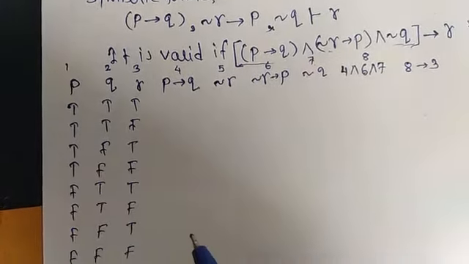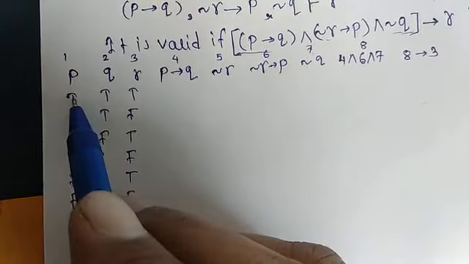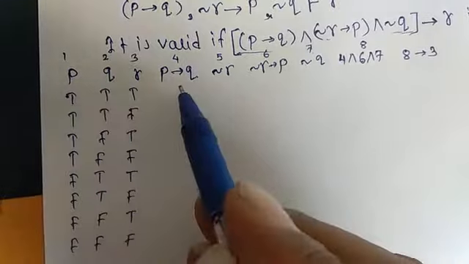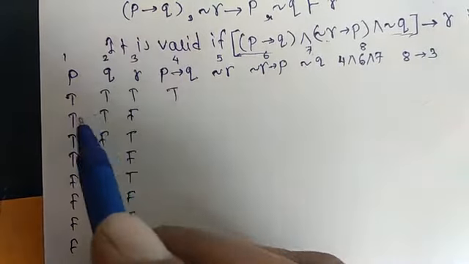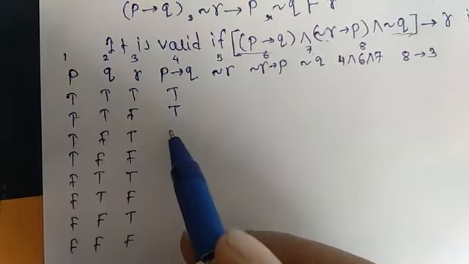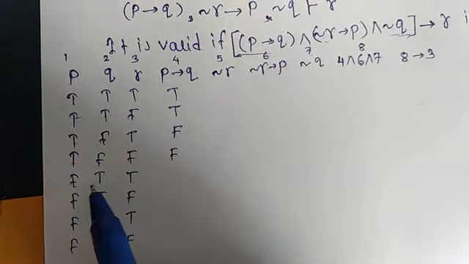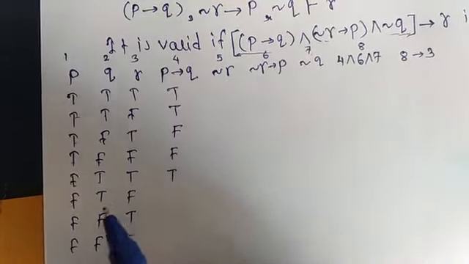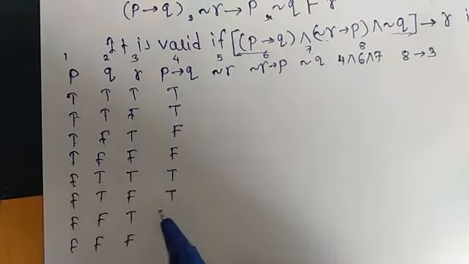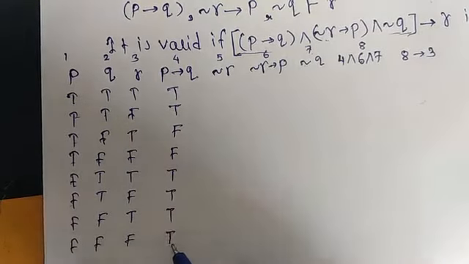After that you have to find P implies Q first. So true true is true, true true again true, true false, true implies false is false, false implies true is true, false implies true is true, both false is true, both false is again true.